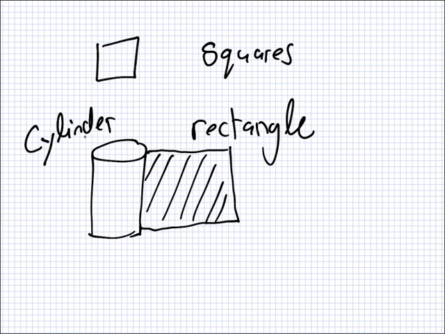Listen. So next, if you got your page, you see there's exercise 2. There's a couple of words on it I need to explain: face, vertices, and edge. So I'll just explain those now.